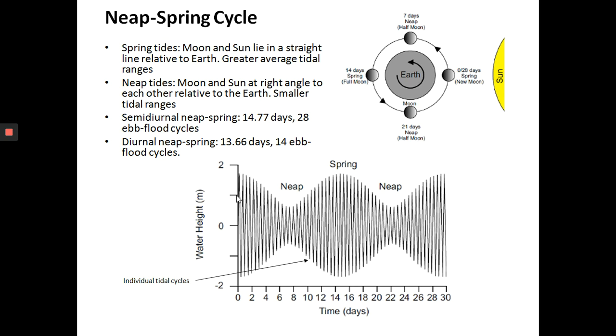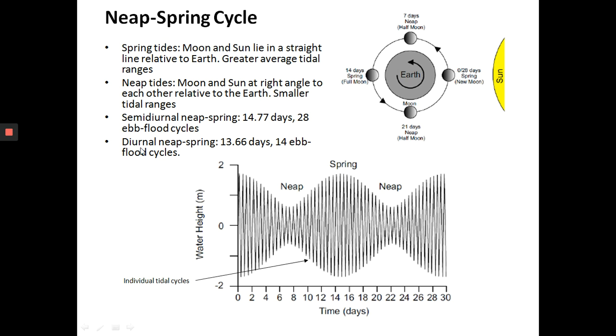So going from one spring tide to the other spring tide, if you are having semi-diurnal tides, 2 tides per day on your coast, this occurs every 14.77 days, and you get 28 ebb flood tidal cycles.